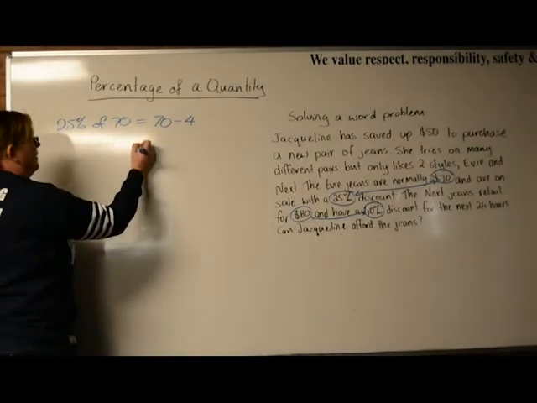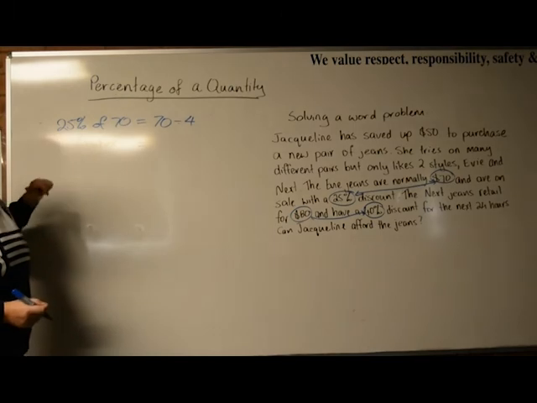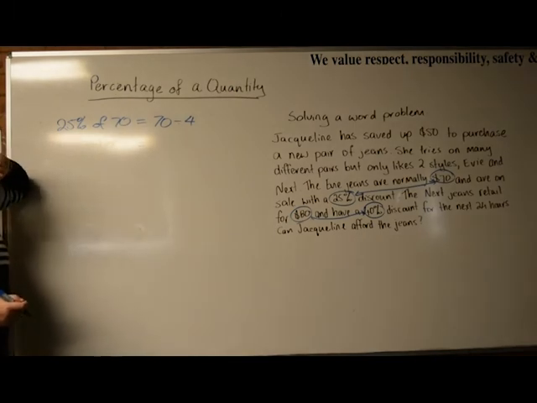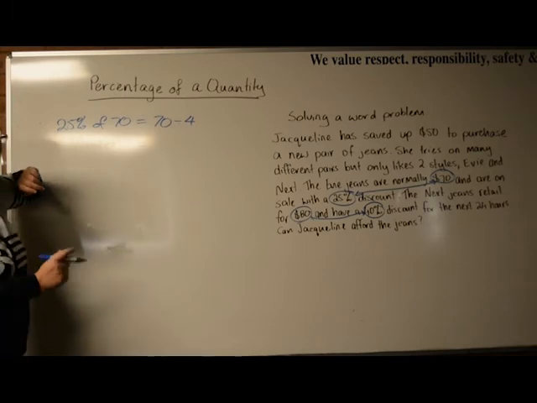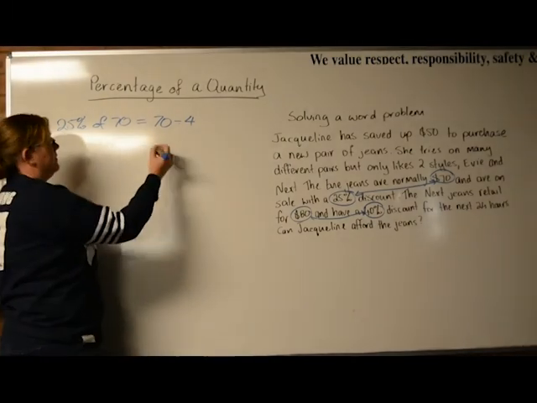What is 70 divided by 4? Well, it wouldn't go evenly. It would be 17.5.